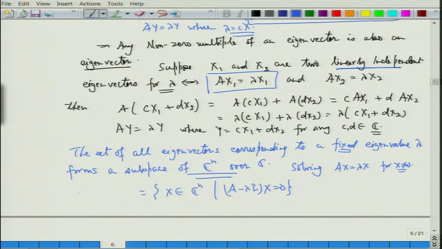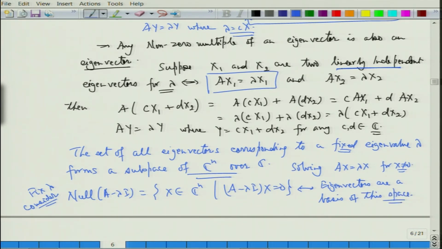So this is called the null space of A minus lambda I. So fix lambda and consider this. All right. So all the eigenvectors come from here. So eigenvectors are a basis of this space.